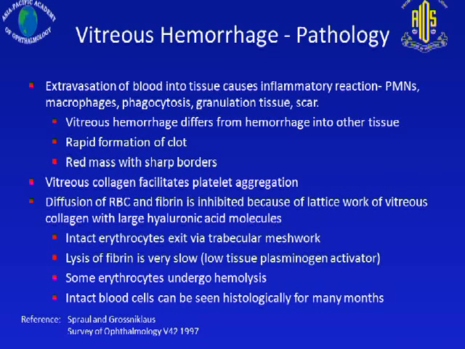The intact erythrocytes exit via the trabecular meshwork, and the lysis of fibrin is very, very slow. Some of the erythrocytes do undergo hemolysis, but some of the red blood cells can remain in the vitreous alive for several months.